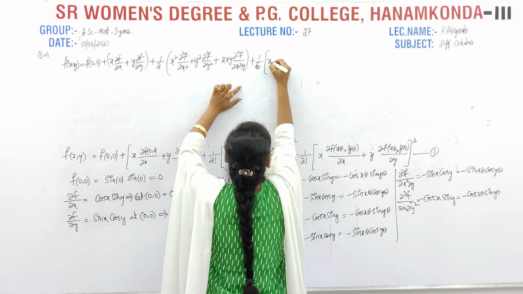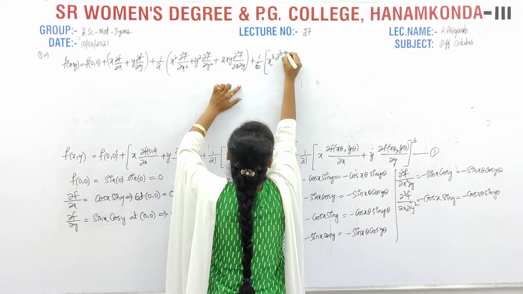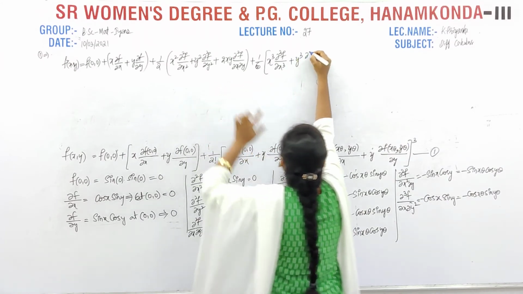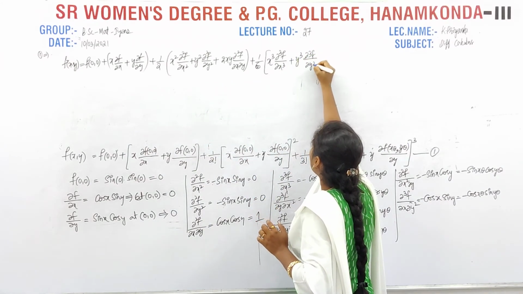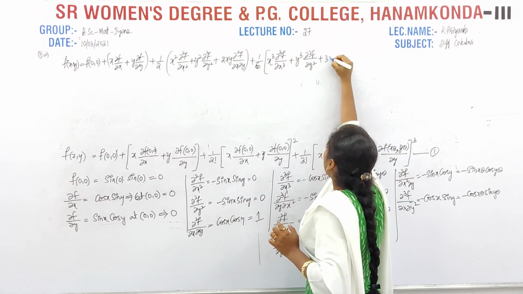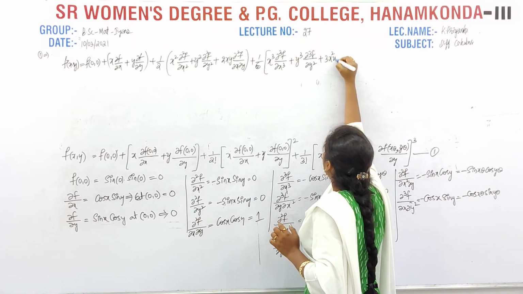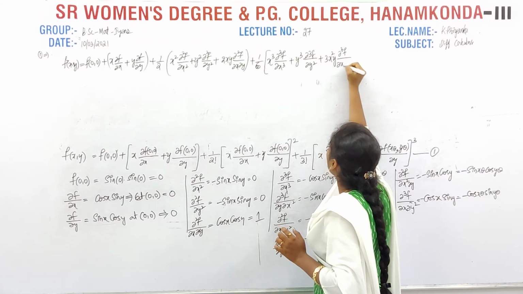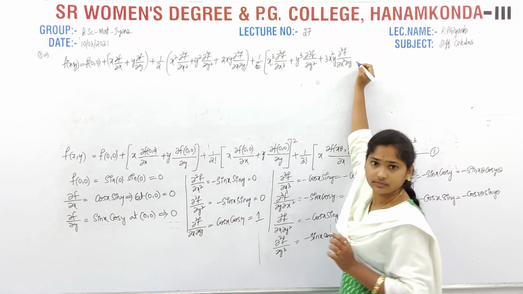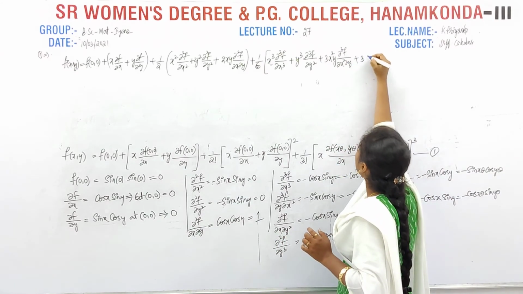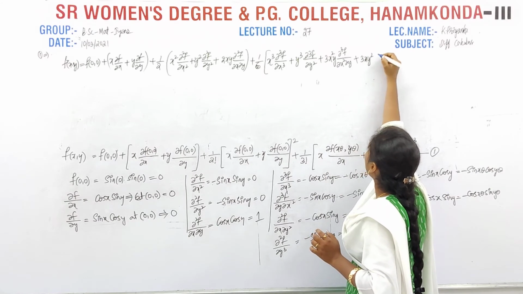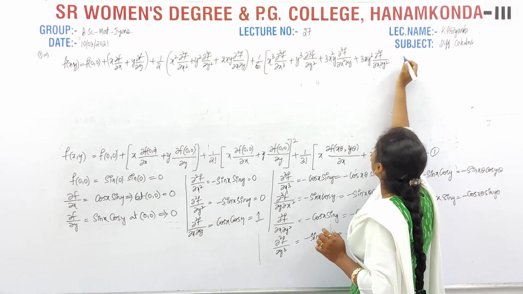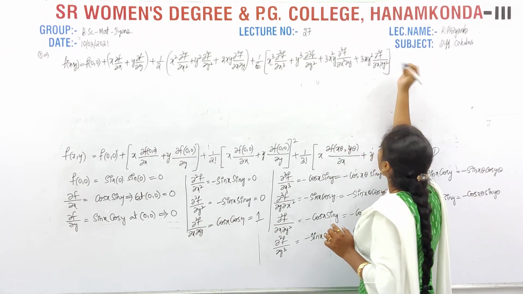So a cube, that is x cube ∂³f/∂x³, plus y cube ∂³f/∂y³, plus 3x square y ∂³f/∂x²∂y, plus 3x y square ∂³f/∂x∂y². Okay, this is nothing but the formula.